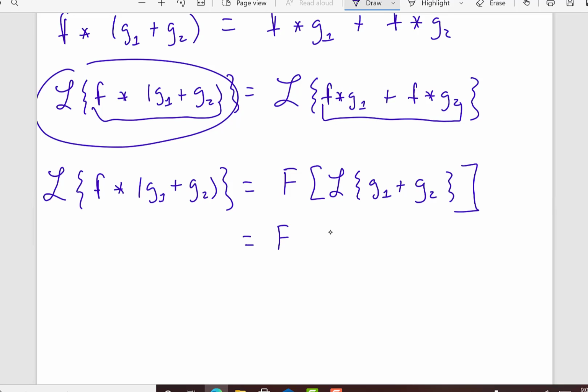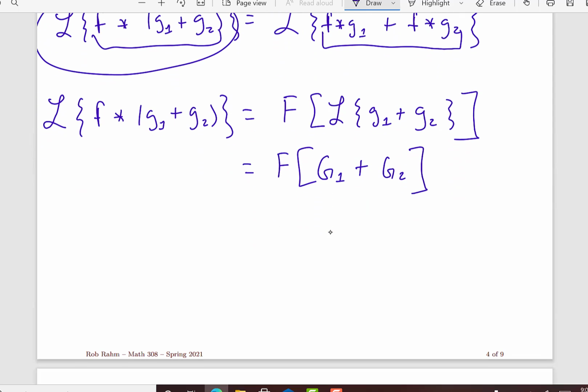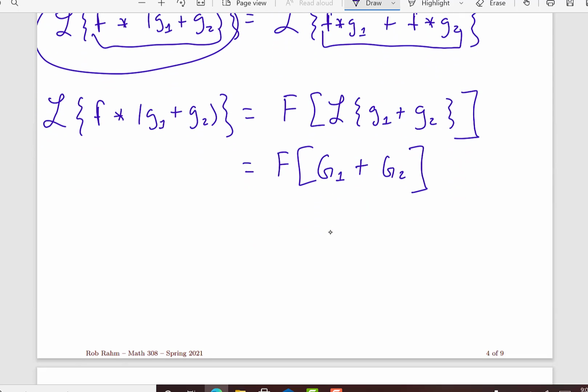Well, what's happening in the brackets here? The Laplace transform of g1 plus g2 is just the Laplace transform of g1 plus the Laplace transform of g2, because remember, the Laplace transform has this linearity property. Okay, well, this is just F times G1 plus F times G2.